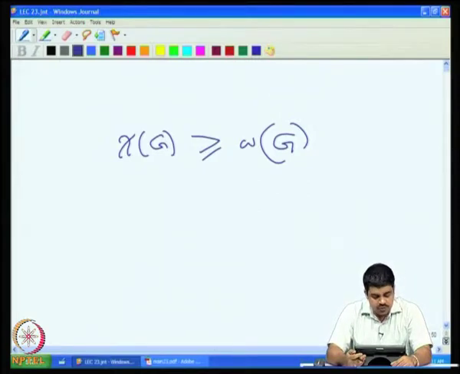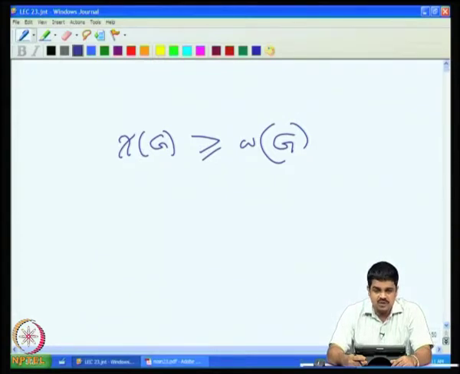So, chromatic number being high has nothing to do with the presence of a large clique in the graph, though the presence of a large clique can in fact make the chromatic number higher than or equal to that. On the other hand, even if the clique number omega of G is quite small, the chromatic number can be high.